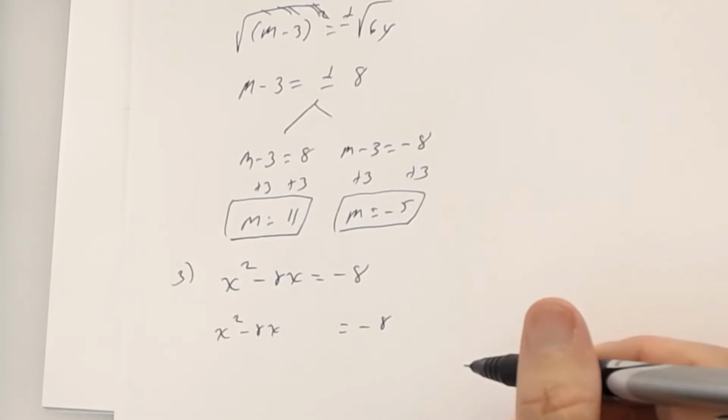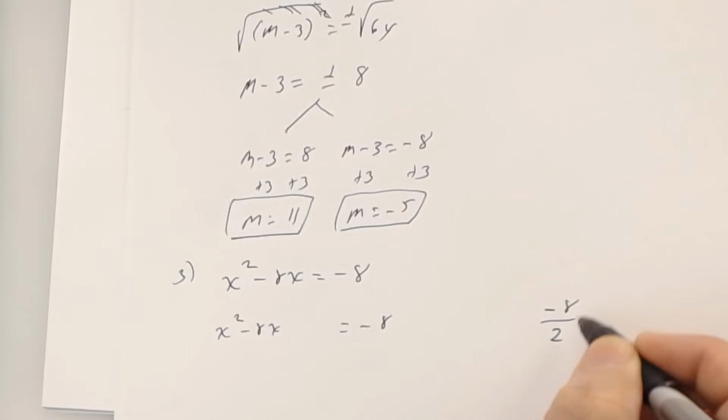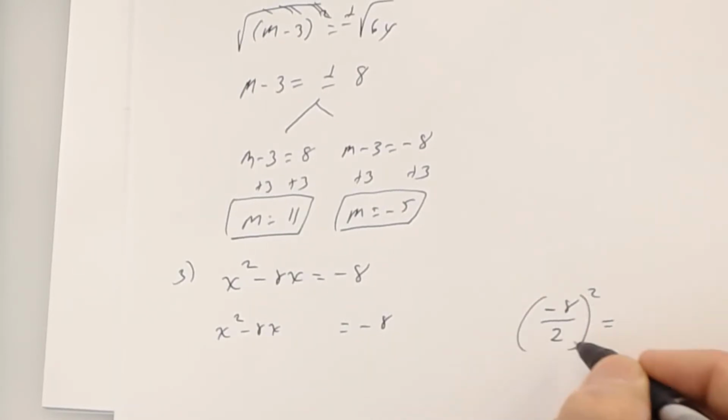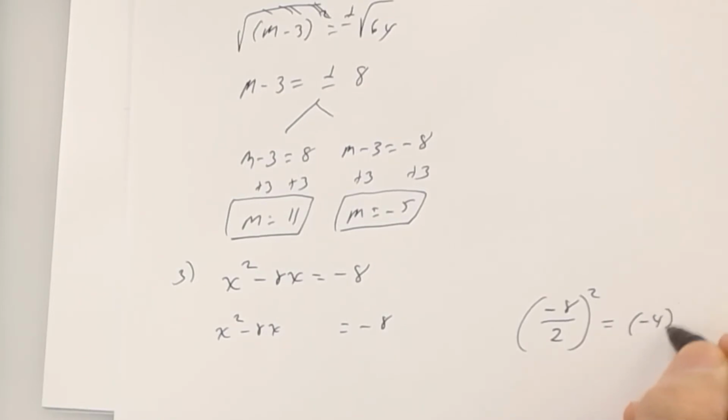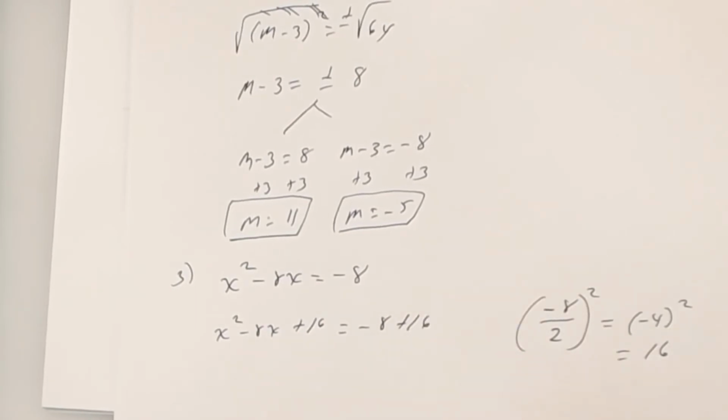Take the coefficient of x, which is negative 8, divide by 2, and I square it. So negative 8 divided by 2 is negative 4, and when I square it, I get 16. Okay? And then what do I do with that 16? Add it to both sides, just like this.